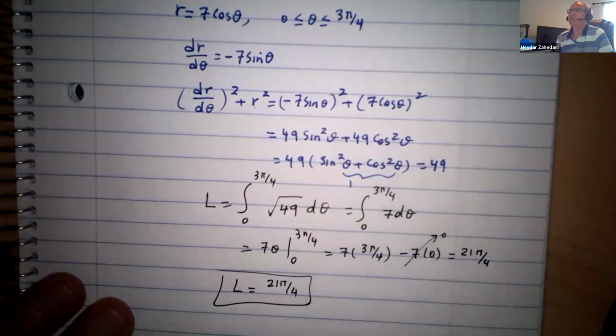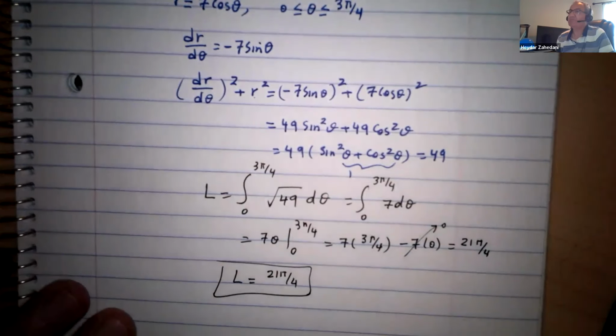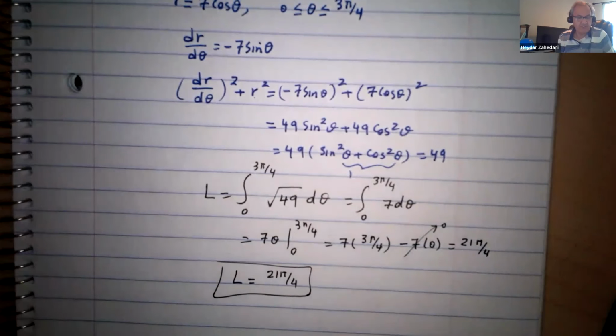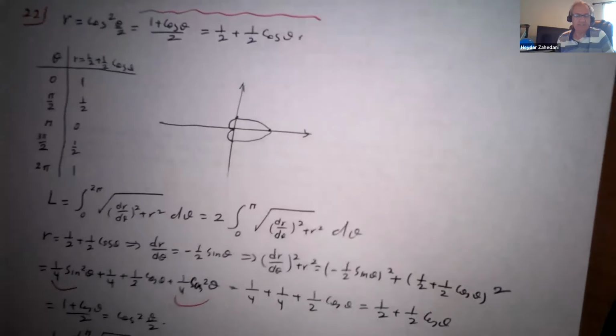I have a couple more, then I do one more module later. The interesting one is going to be the one with this cardioid. Let's see which number is this one. Yes, number 14 is an interesting one. Of course, you have the solution of all of them here.